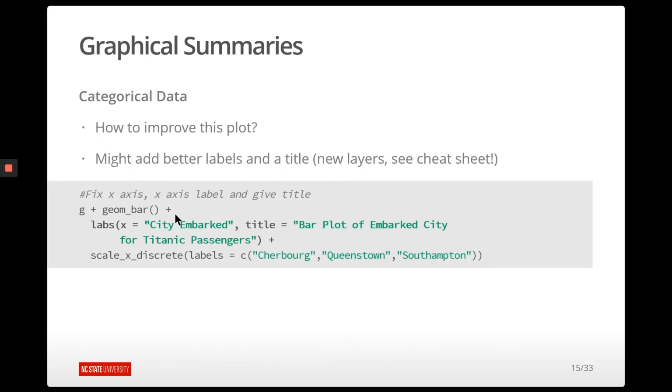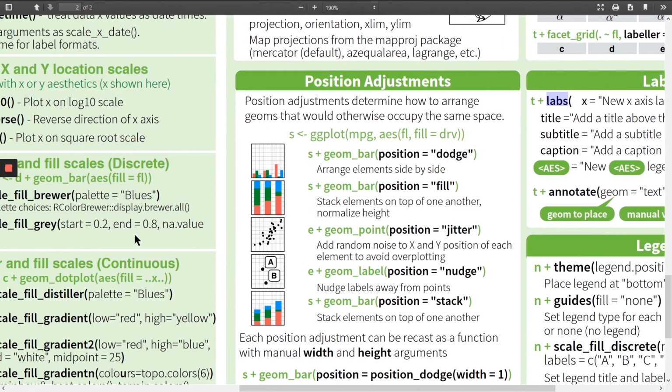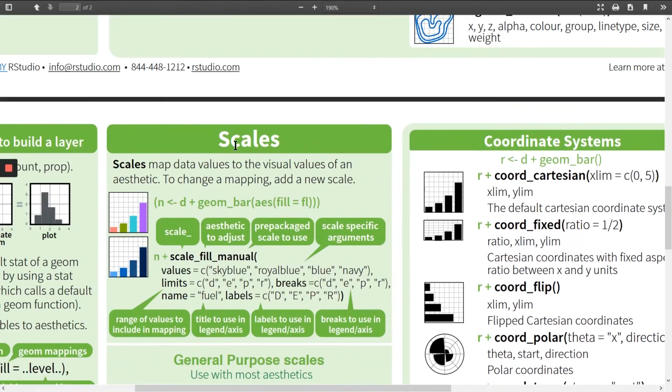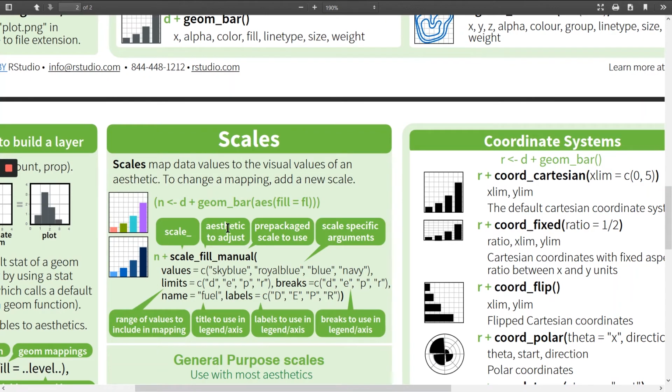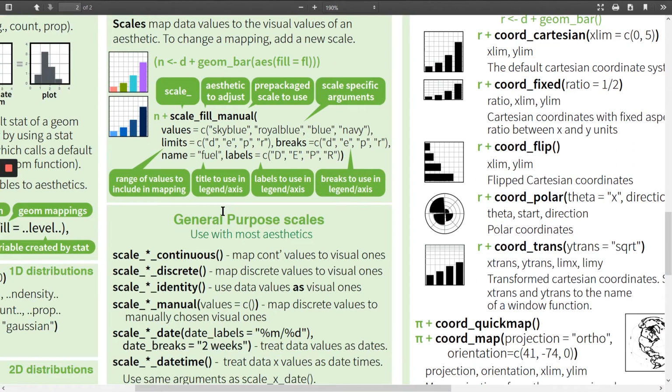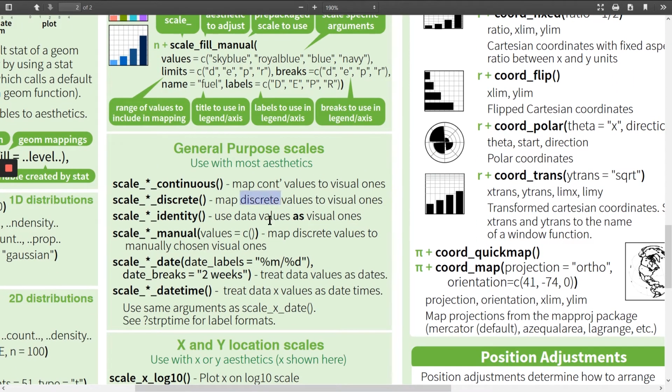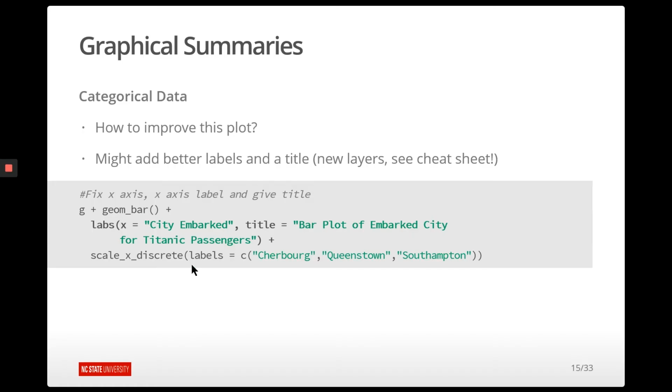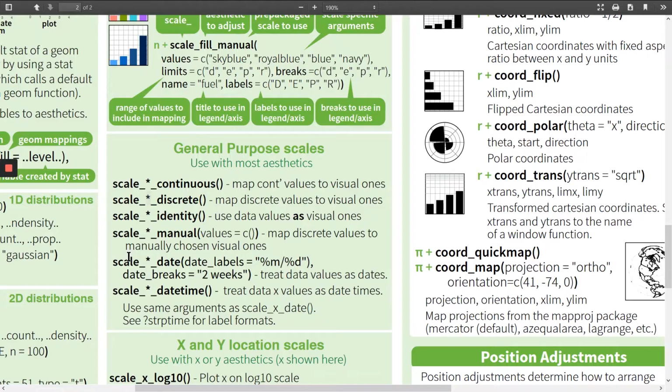So to do that, we will reference the cheat sheet over here. So scales, we want to change the actual labels that we have on our, say, x-axis. And so remember that discrete is the way that they reference categorical data. So what we want to do is change the discrete scale mappings. And so they put a star here to represent, well, you need to tell me which layer you're referring to, because remember you can have multiple plot layers on here. So we want the actual X aesthetic.